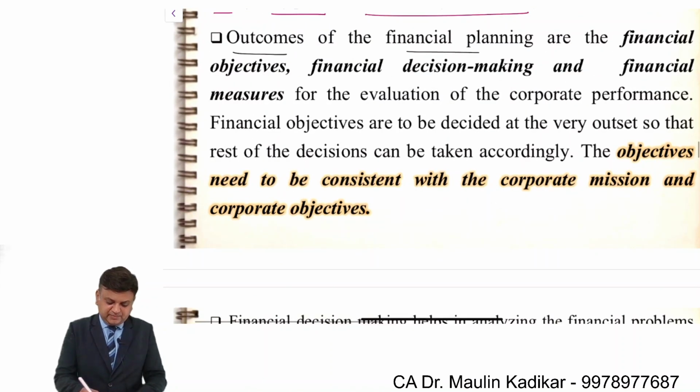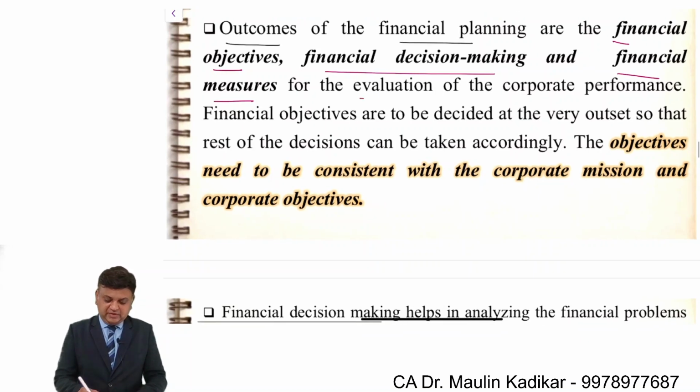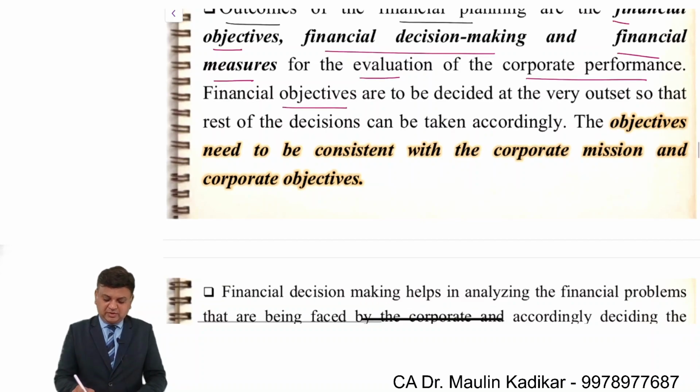Outcomes of the financial planning are the financial objective, financial decision making, and financial measure for the evaluation of the corporate performance. Financial objectives are to be decided at the very outset so that the rest of the decisions can be taken accordingly.